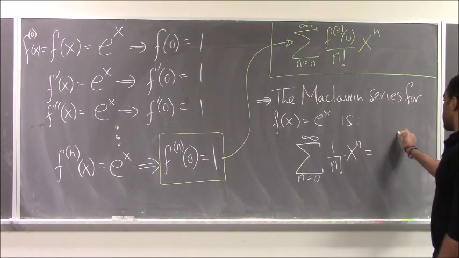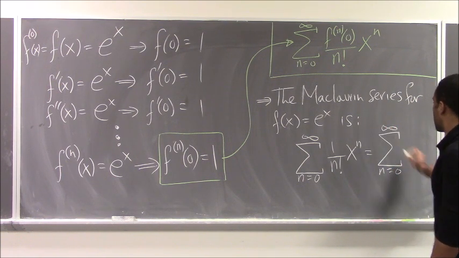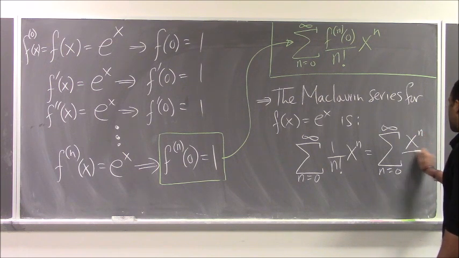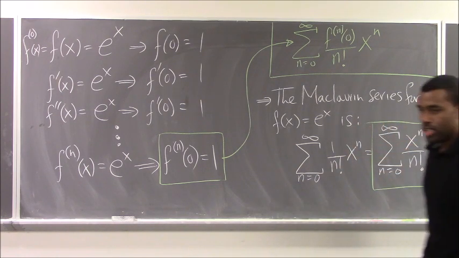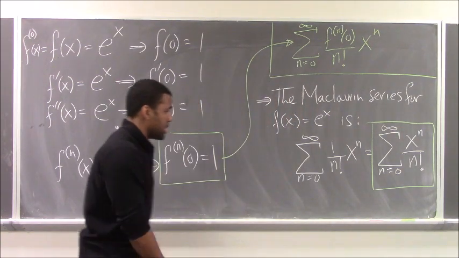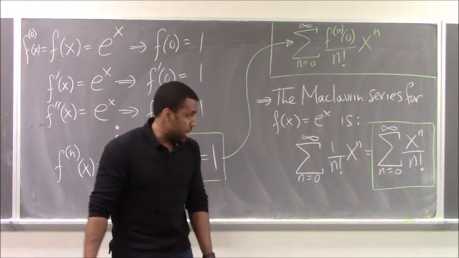Now I can rewrite that as this. And that's your answer. If you've been paying attention, you would have seen that already. That was actually one of the examples that we worked on in the last class.